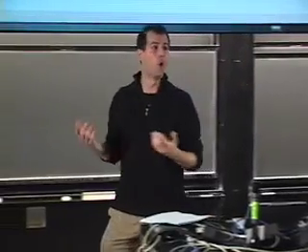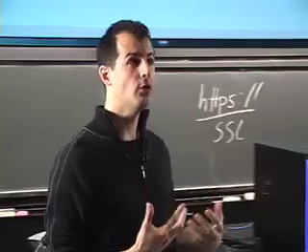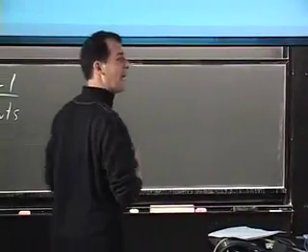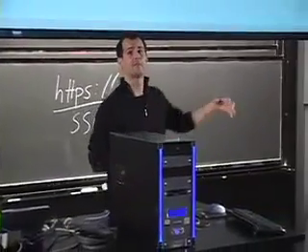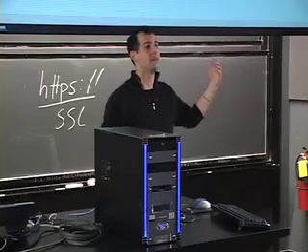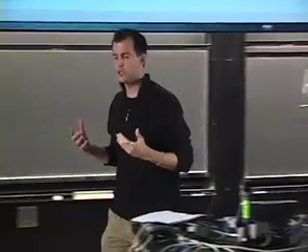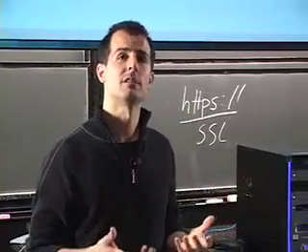Consider this in your own home or your dorm or just your apartment with some friends. Well, if all of you to the outside world seem to have the same IP address, you probably don't want your roommate to pull up Amazon.com and be half logged in as, or fully logged in as, you. So that is to say, if you can't necessarily trust that someone's a returning visitor based only on their IP address, how can you do it?